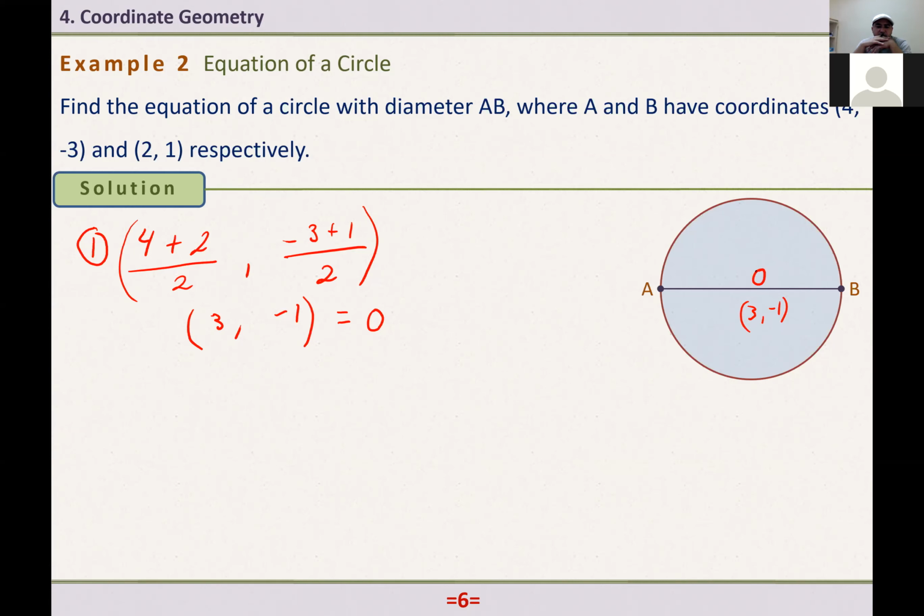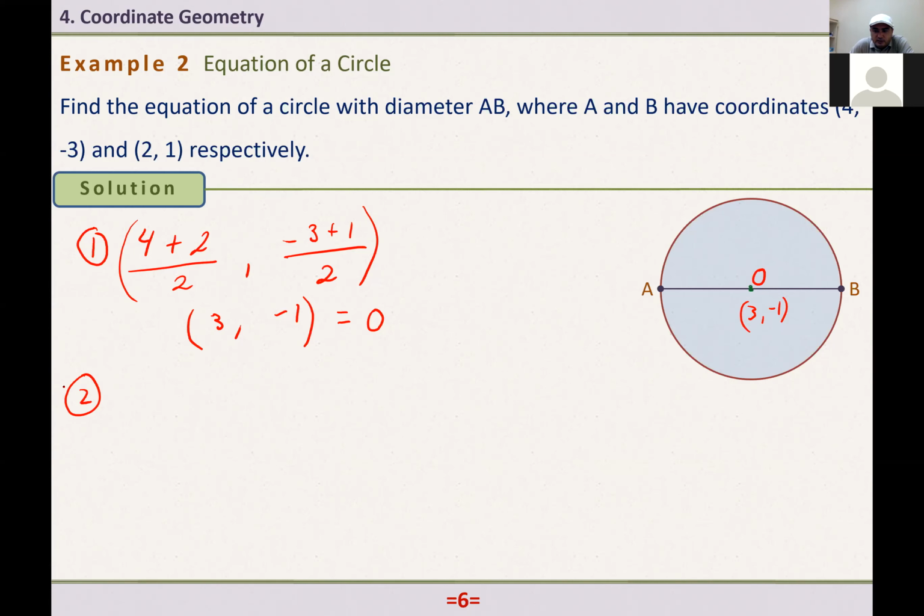Now the next step is to find the radius. Step number 2. How do we work out the radius? That's why, if you label here, you can see this is the center, right?